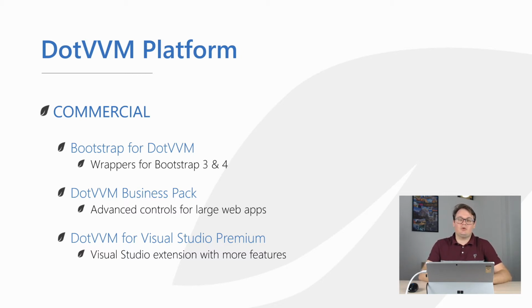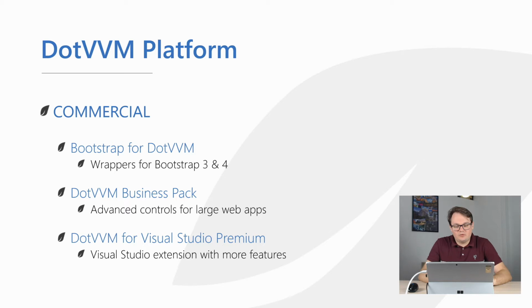We have Bootstrap for .vvm, which allows you to use Bootstrap more easily. I really like Bootstrap because I don't have any graphical skills, and in Bootstrap everything looks quite nice, so I'm just composing my applications from various Bootstrap widgets. But every time I need to use a modal dialog or more complicated widgets, I need to go to the documentation and copy paste all those divs with those CSS classes and things like that, and I don't remember anything.